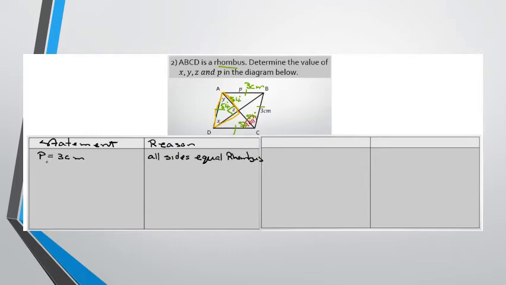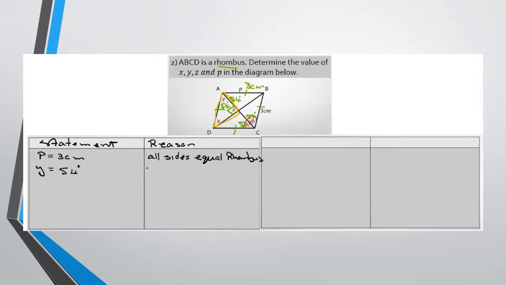My next one, we're going to say that y must be equal to 54 degrees. Why do I want to say 54 degrees?